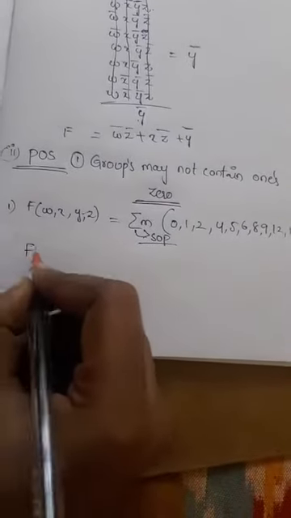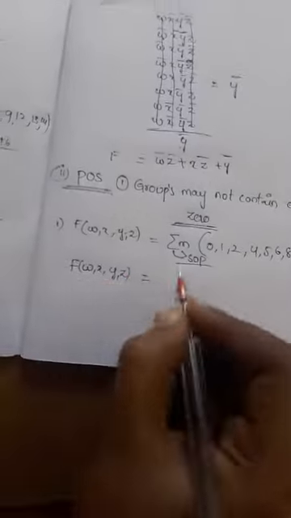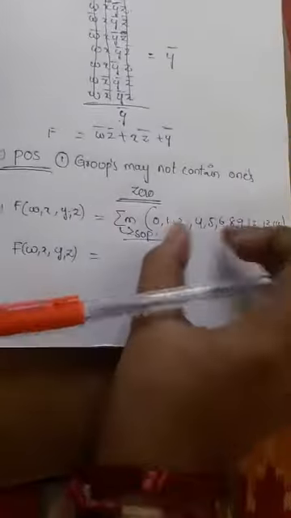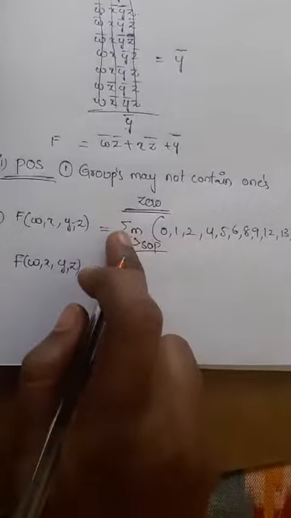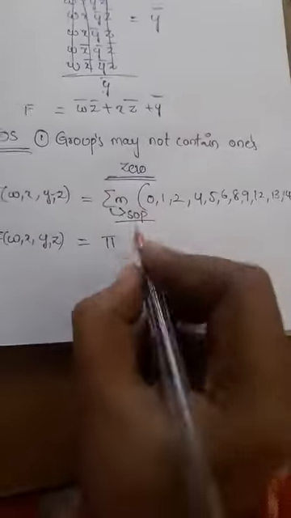The same problem I can write like this: F of WXYZ is equal to, we need to write the problem in POS. Product of sum, the product symbol we can represent as pi, with capital M.